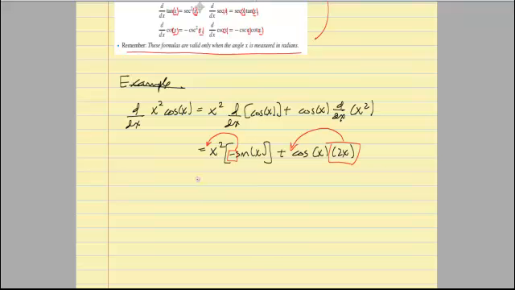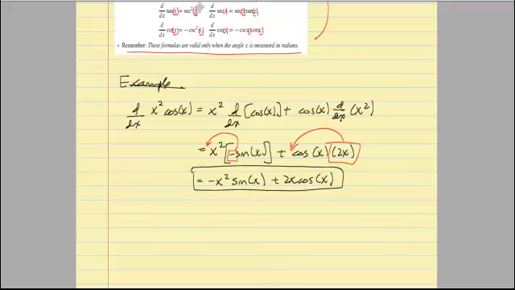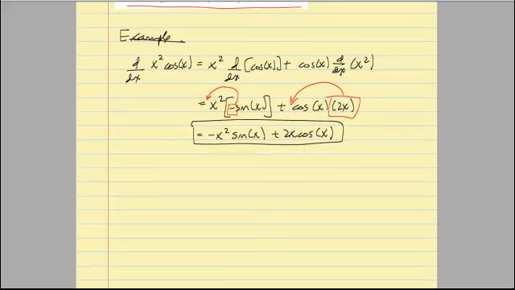Before you rewrite anything, make sure you pull all your positive and negative signs out front. The reason this is good to do is you don't get confused about what the argument is, because it might look like you can take x times 2x to get 2x squared from our argument. But remember, whenever you take derivatives of trig functions, the arguments never change.